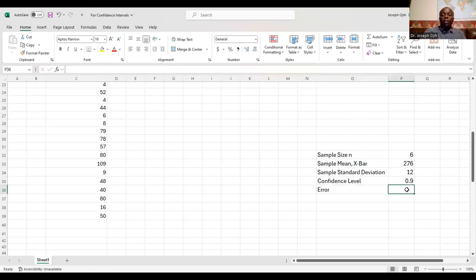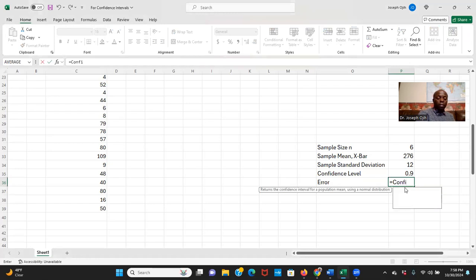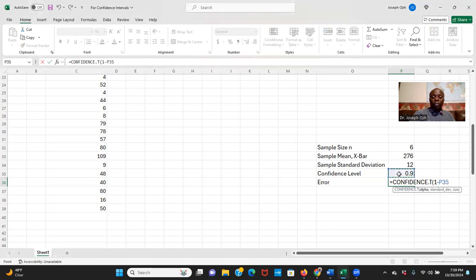Now, this time around, we're going to be using CONFIDENCE.T, not CONFIDENCE.NORM, since this is a t distribution. So let's do it. Equals CONFIDENCE.T. It pops out, double click on it. They say alpha. For that, we do 1 minus confidence level, comma.